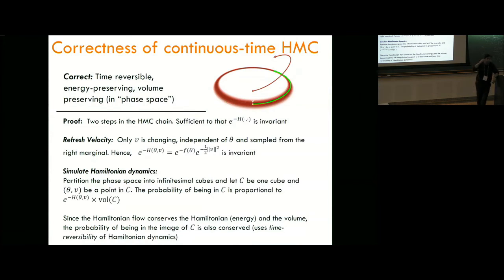Sorry? Time reversibility actually gives you detailed balance, yeah. And without that, you just get the next stage. So where is time reversibility used? How would you formalize this, right?